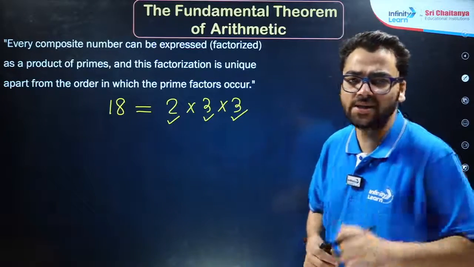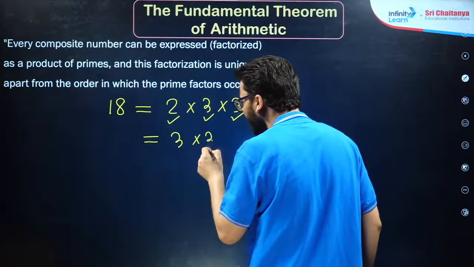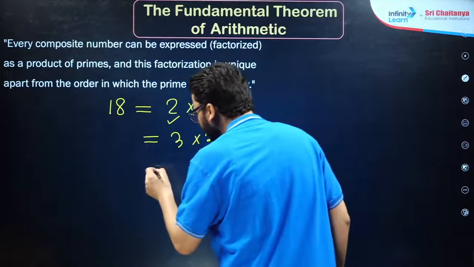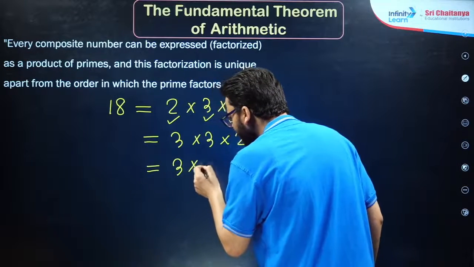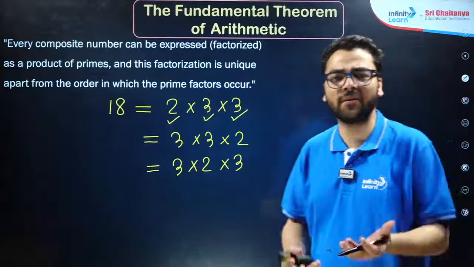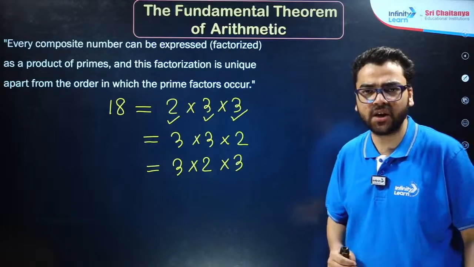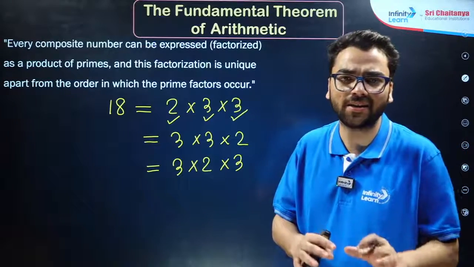But the order can change. Order means the factors over here can be written like this, yes or no? If you want, the factors can be written like this, because you know that multiplication is commutative as well as associative. So the order of the prime factors can change, but the prime factors over here, they are unique.